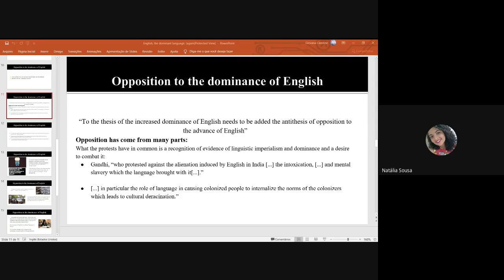When I was studying about the linguistic imperialism phenomenon, some people didn't want to speak English or to put English as the official language of the country because of exactly the way that English was introduced, very violent, and the metropolitan countries were imposing it violently. So that's why there was resistance in this case.